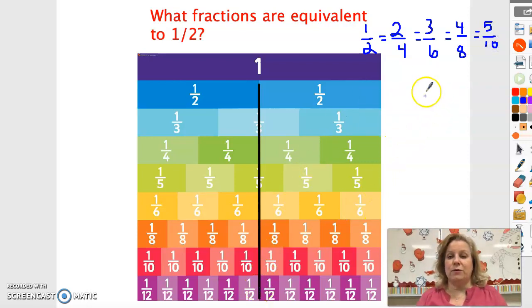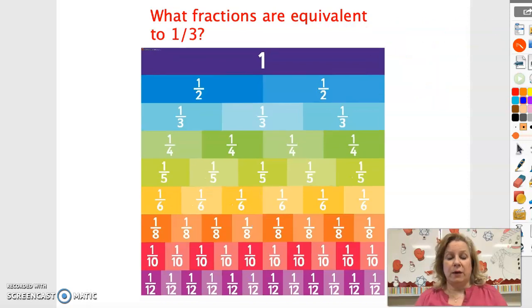So that's also equal to 6/12. So 1/2 is equal to all of these fraction strips. Right here, we've got 2/4. Here we've got 3/6. Here we have 4/8. Here we have 5/10. And then we have 6/12. So the fraction 1/2 is equal to 2/4, 3/6, 4/8, 5/10, and 6/12.